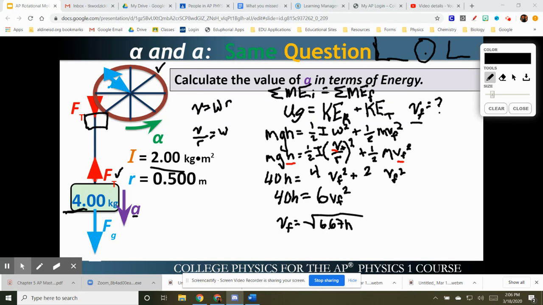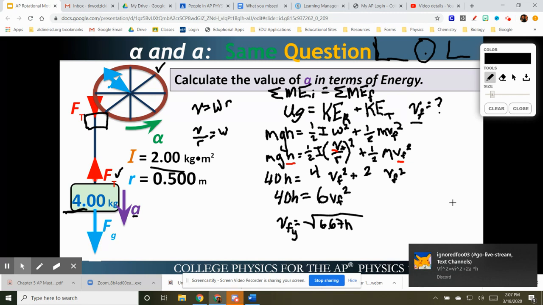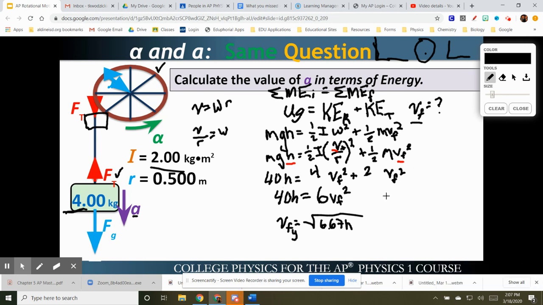Yes, velocity is in the y direction, so you could say final velocity in y if you really wanted to. Yes, Gabriel. Do you see what's going to happen? I get so excited. I thought this was a really cool problem to do.